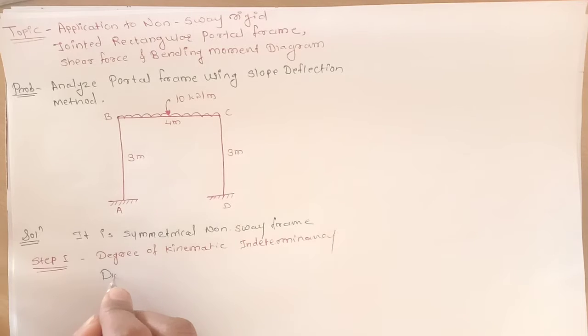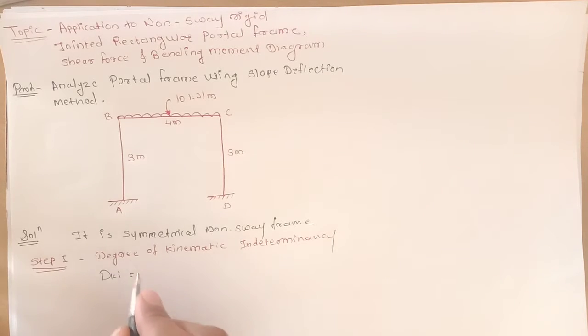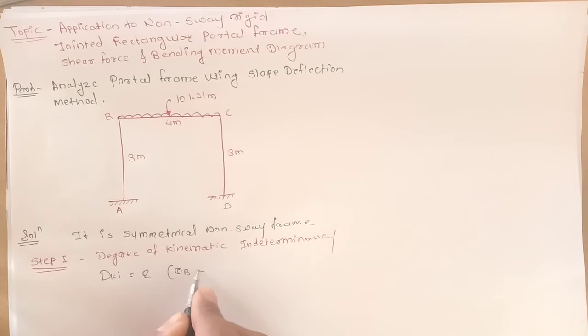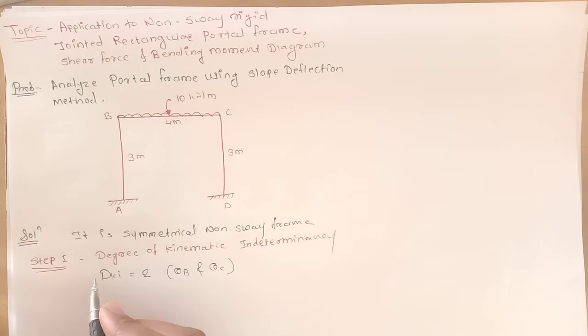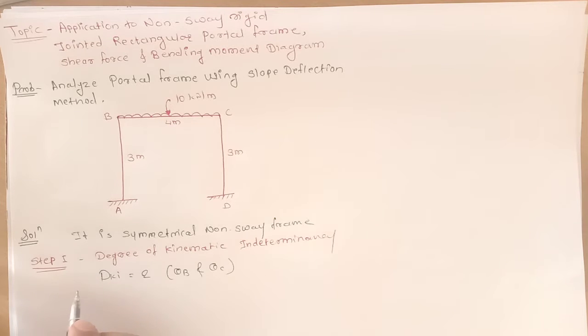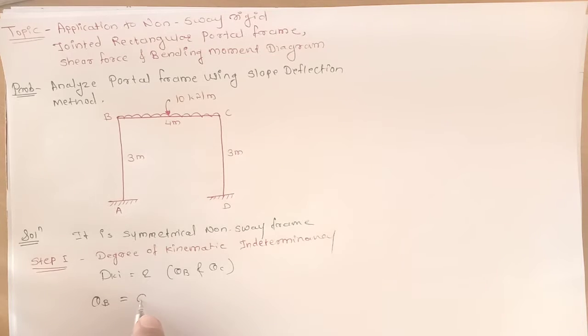That is DKI is equal to 2, that is theta B and theta C. That means the unknown displacements are theta B and theta C. Then due to the symmetrical non-sway frame, here theta B is equal to minus theta C.